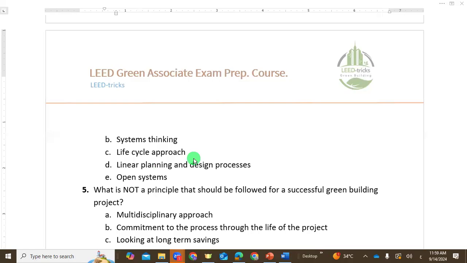That's why some people, when they take simulation questions or something before the exam, they will tell me, you put this question, but you did not explain this to us. We don't know life cycle approach. You did not explain it. In this case, they are right. They are thinking right.